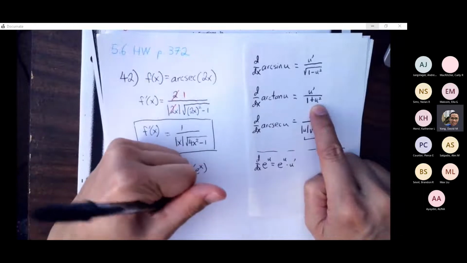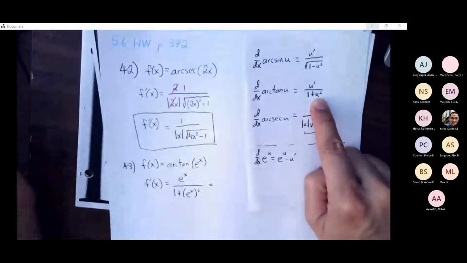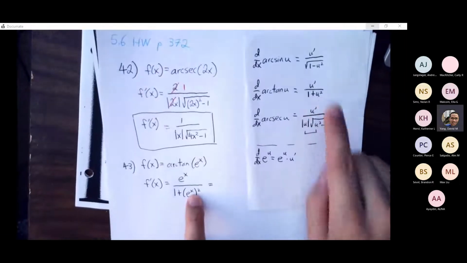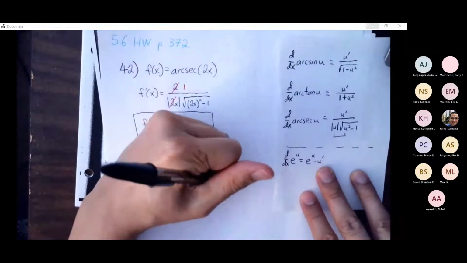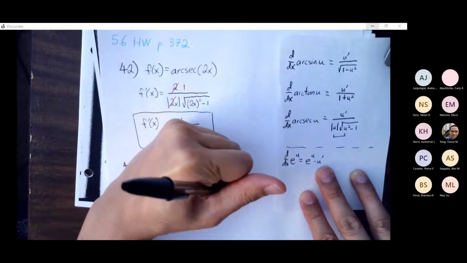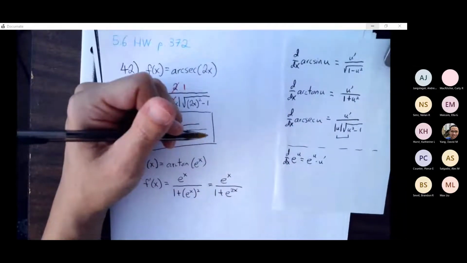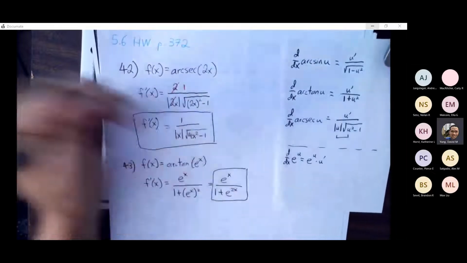So 1 plus u squared. Okay. Now, whenever I have two exponents next to each other, I'm going to be multiplying those together. Okay, so there's my derivative.